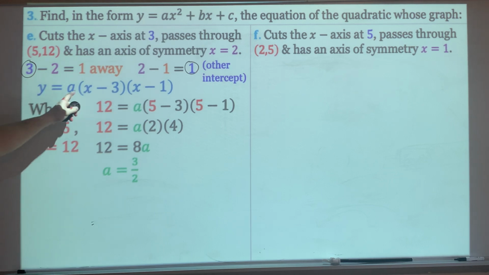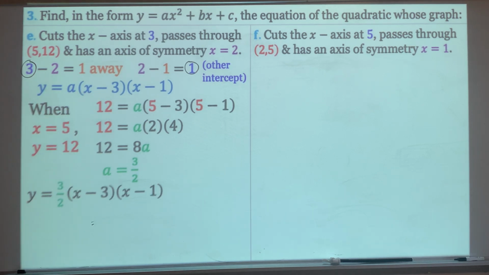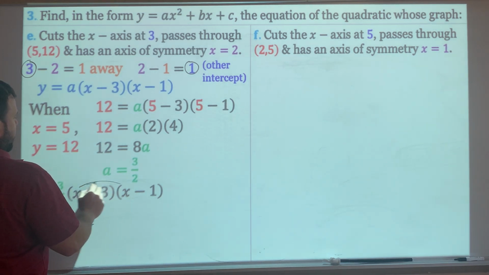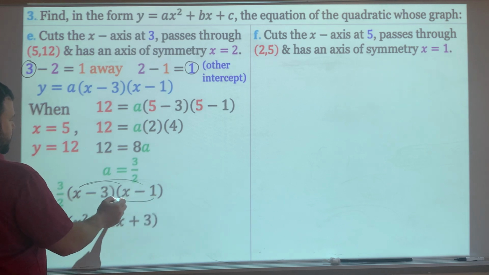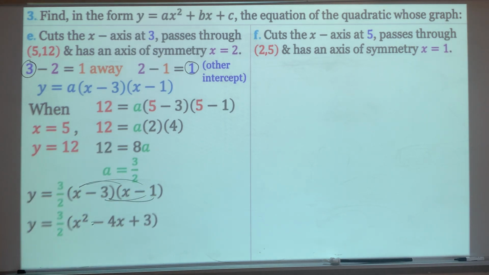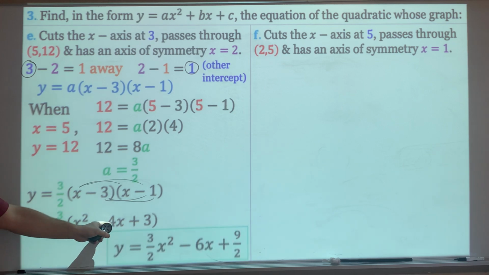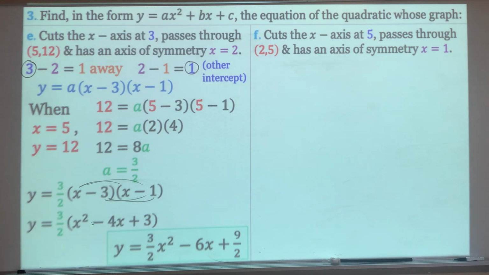So y equals 3 halves times x minus 3 times x minus 1. Expand this: x squared minus x minus 3x is minus 4x plus 3. So 3 halves x squared minus 12 over 2 is minus 6x plus 9 over 2.